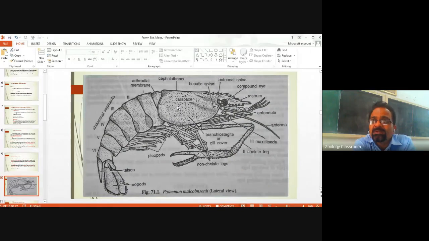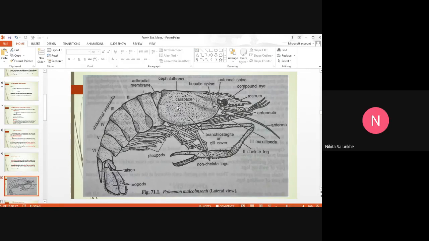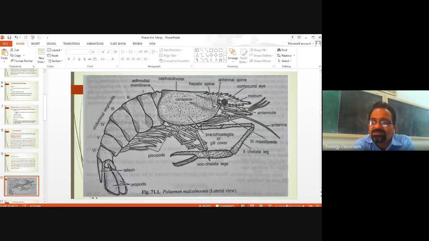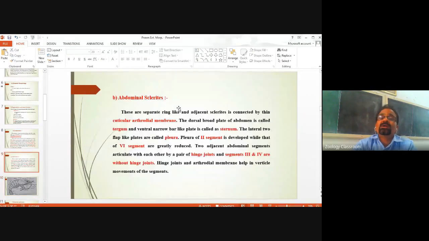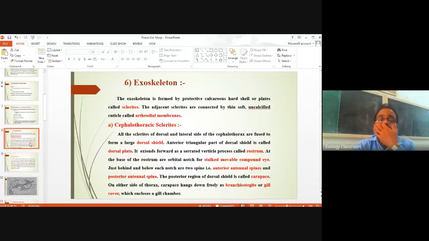Which is that reptile? A slow moving reptile. Turtle and tortoises. Their hard covering, which hides the body, is the carapace.